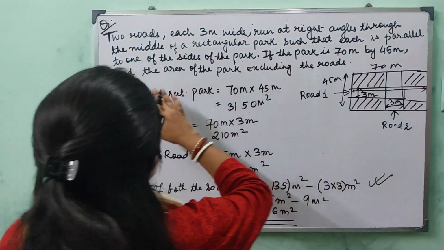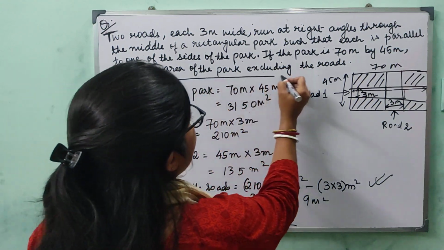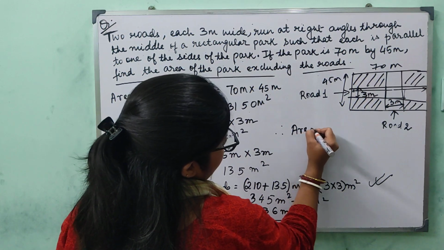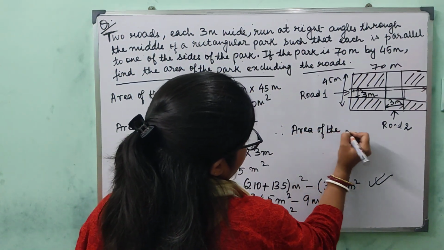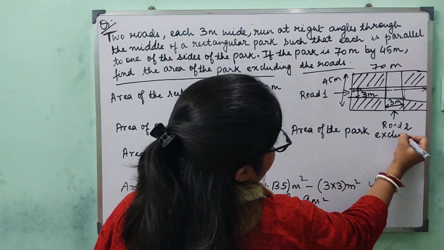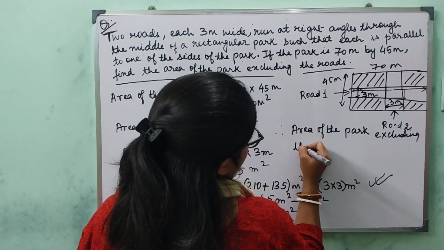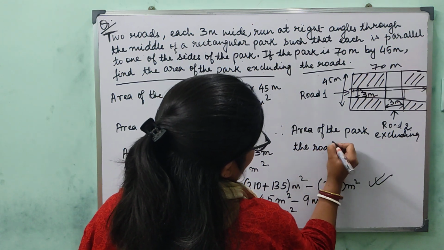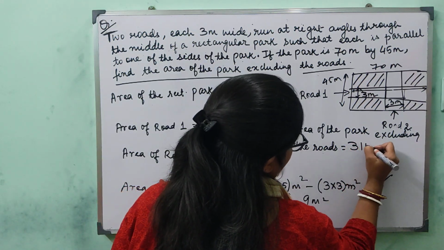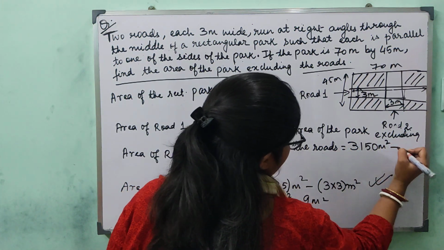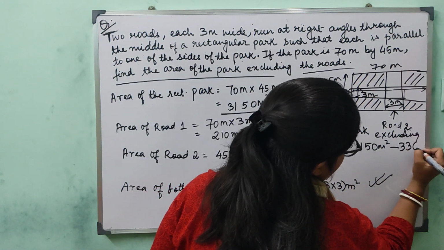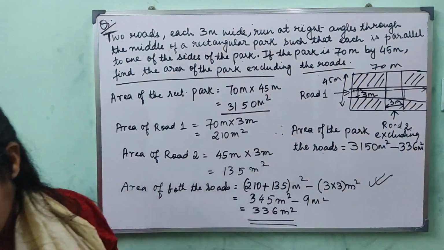Now we have to find the area of the park excluding the roads. So simple now. Therefore, the area of the park excluding the roads will be equal to what? Total area of the park, that is 3150 meter square minus 336 meter square.